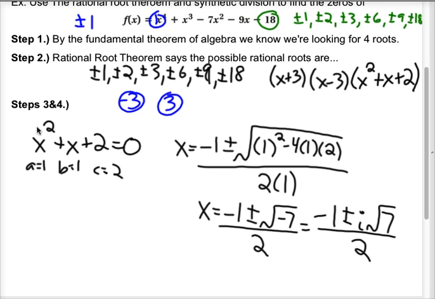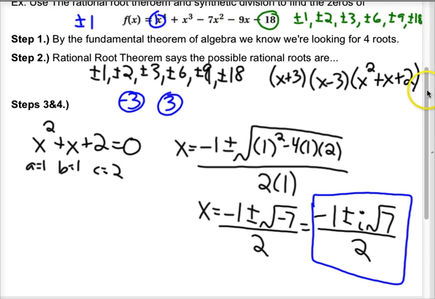So these represent our third and fourth roots. So we have negative 3, 3, and then negative 1 plus and minus i square root of 7 all over 2. And that represents all four roots of this polynomial.